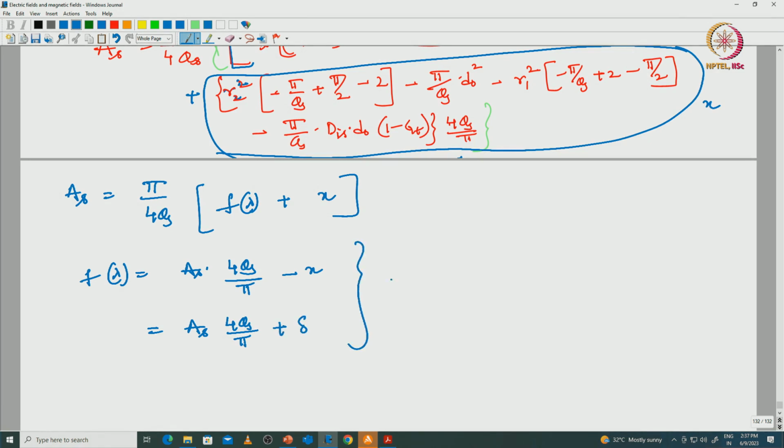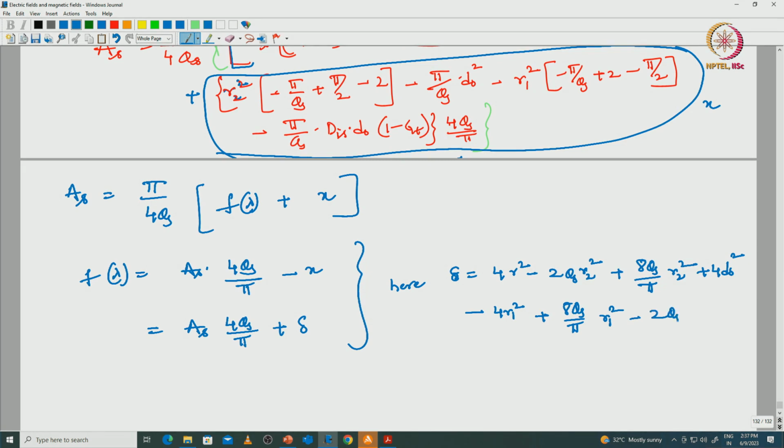Here delta is equal to 4 r2 square minus 2 qs r2 square plus 8 qs by pi into r2 square plus 4 d naught square minus 4 r1 square plus 8 qs by pi r1 square minus 2 qs r1 square plus 4 into dis into d naught into (1 minus gt).